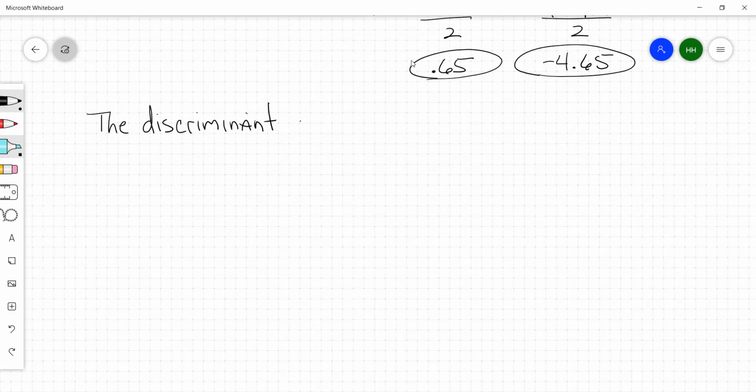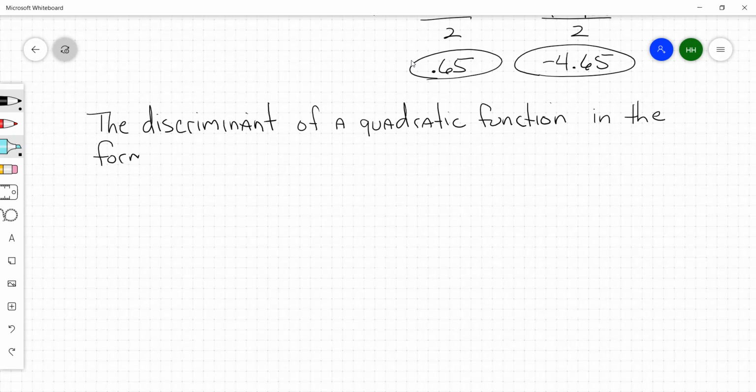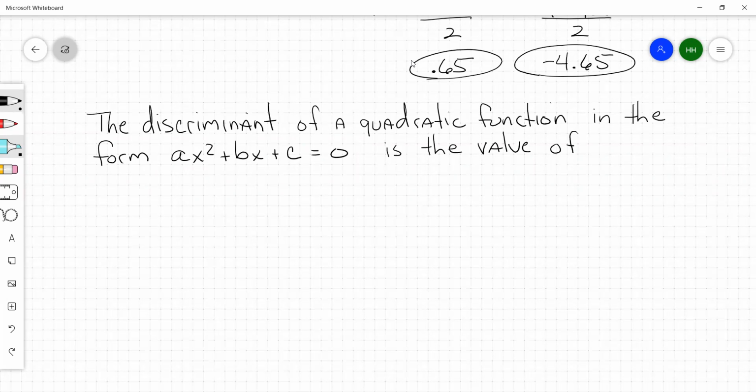The discriminant of a quadratic in the form ax squared plus bx plus c is the value of b squared minus 4ac. This value is called the discriminant.